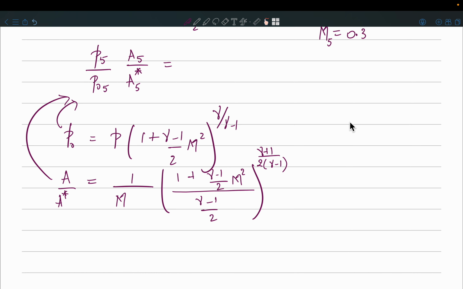You can start with telling me what is P naught by P when Mach number is 0.3. Okay, and A by A star? Gamma plus 1. Okay, thanks.